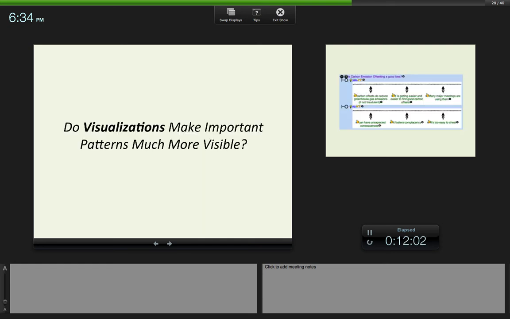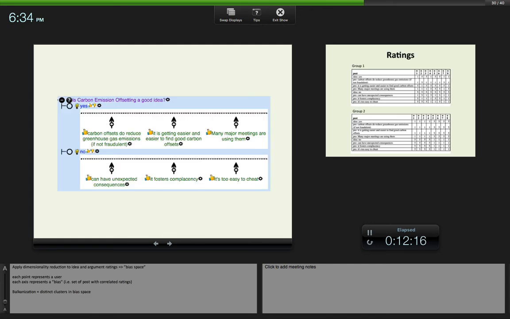A second kind of evaluation we did is to assess whether or not visualizations driven by metrics can make important deliberation patterns much more visible than they would otherwise be. And to illustrate this, we started with a sample real-world deliberation map about carbon emissions offsetting, which consisted of 2 ideas and a total of 6 arguments.